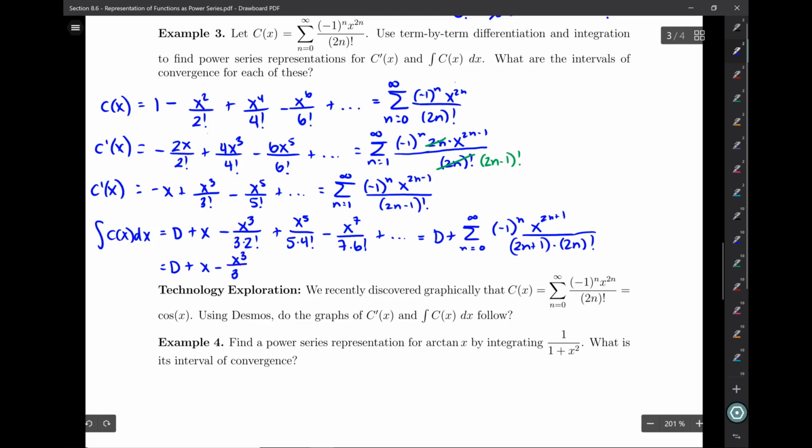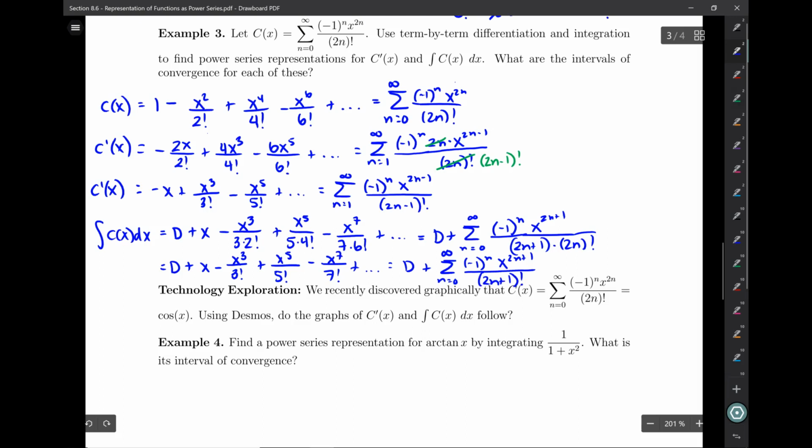So x cubed divided by 3 factorial plus x to the 5th over 5 times 4 factorial would be 5 factorial, x to the 7th over 7 factorial, dot, dot, dot. This is then equal to d plus the series 0 to infinity of negative 1 to the n, x to the 2n plus 1 divided by 2n plus 1 factorial.